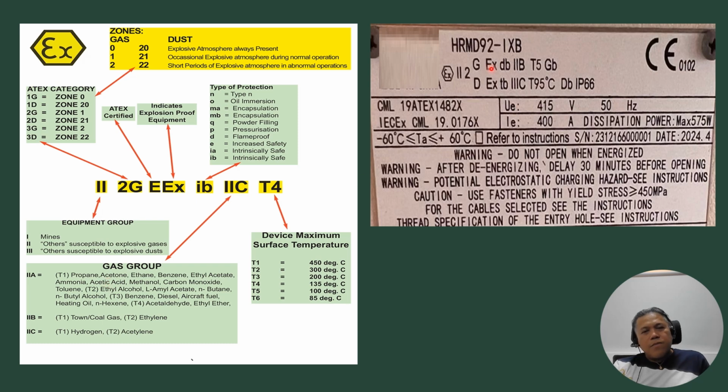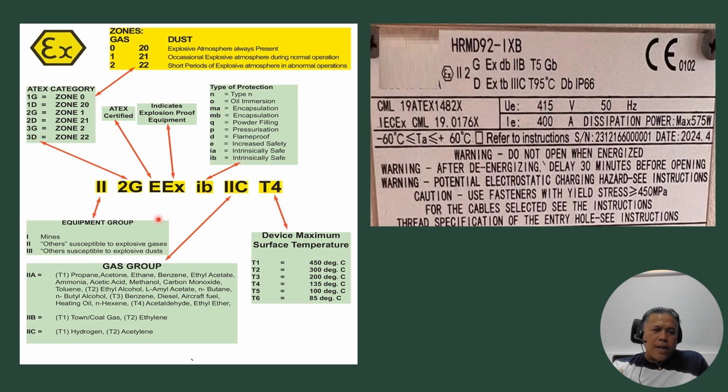And this is the example of the marking of our explosion proof equipment. So EXD equipment. You can see here EX, so explosion proof. And this 2 is the equipment group.